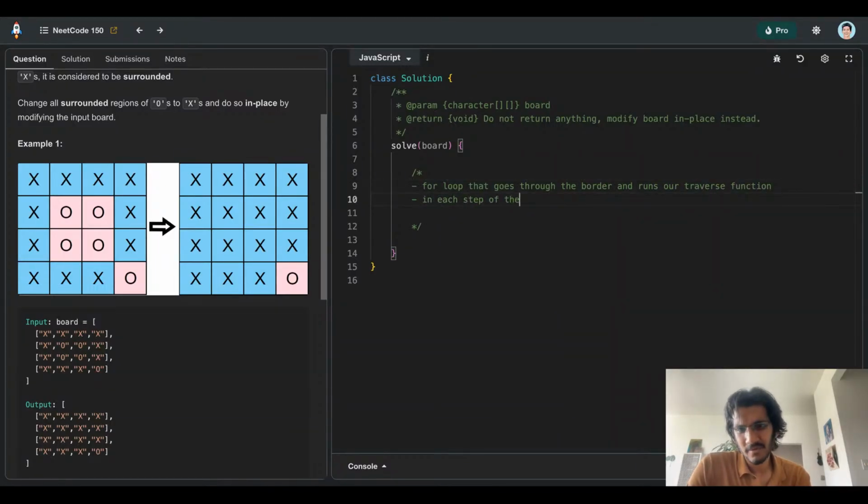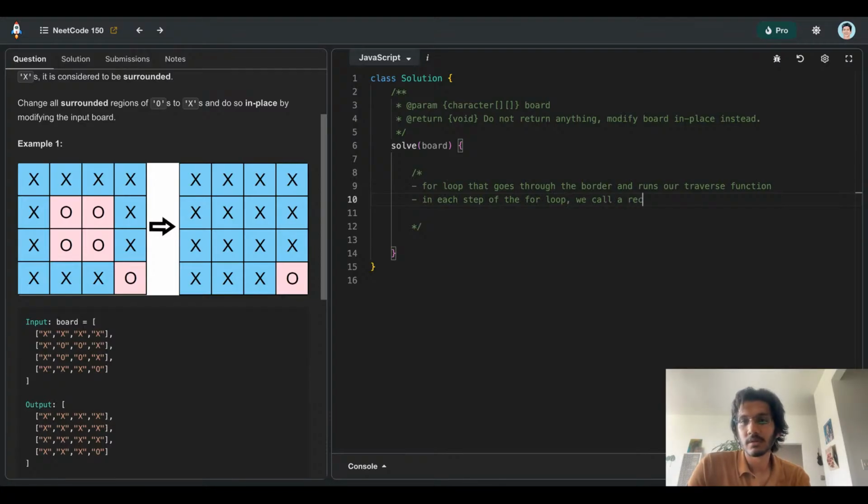In each step of the for loop, we're basically continuing to move in all directions. We could do that with a queue. Or this is where we could recurse, right? It's basically a depth first search or a BFS. And it might make sense to use a recursive function here.